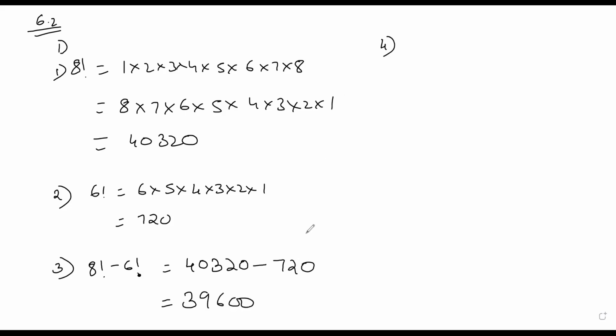Fourth one. (8 minus 6) factorial. अब ये मैंने अभी बोला कि factorial कोई common लेने वाली चीज नहीं है, उसको आप कोई अंदर multiply वगैरह नहीं करते हो.